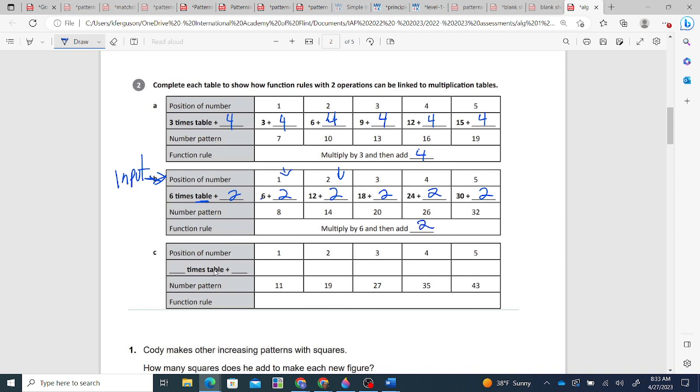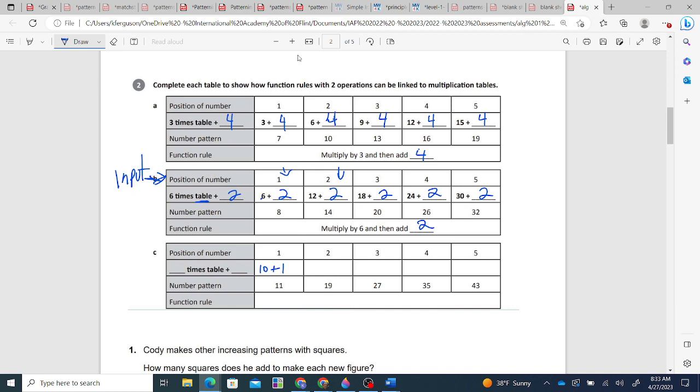Now this one, they don't tell me what's the times. So I got to play with it for a minute. So I've got 1, right? 1 times something plus something gives me 11. So anybody got any ideas? Okay, so 1 times 10 plus 1. So now I do this one. What's 2 times 10?